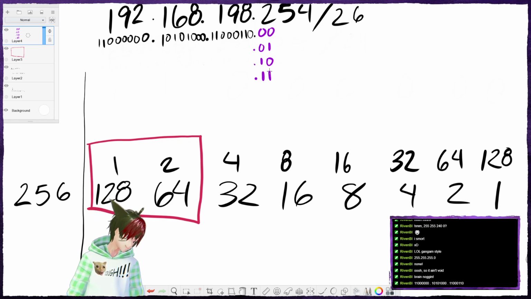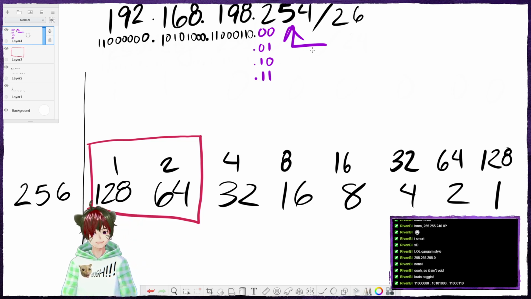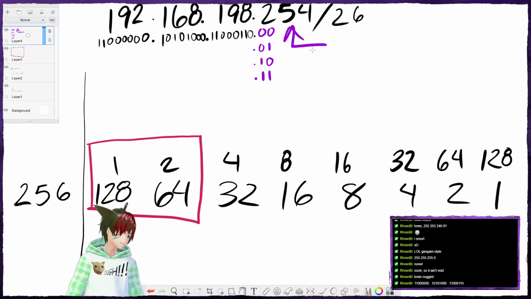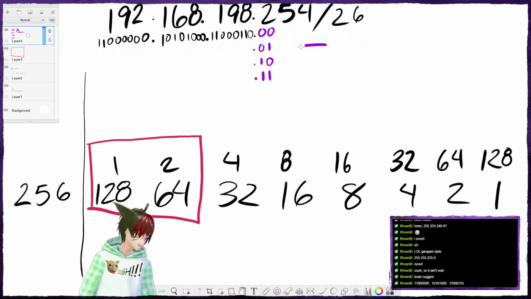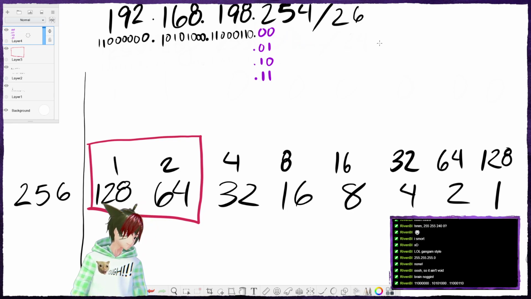So how do we figure out what network this IP address is on? First off, we gotta figure out what network this is.